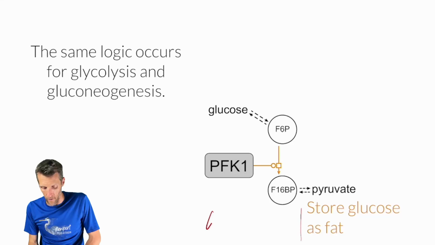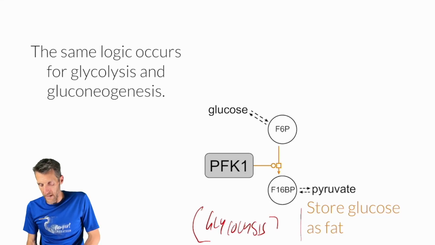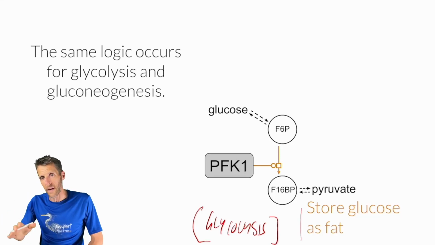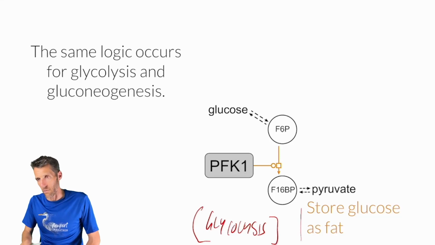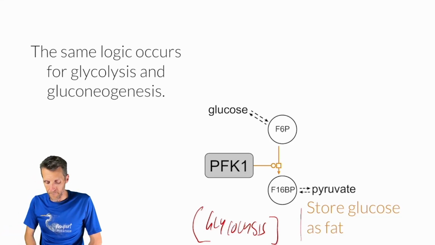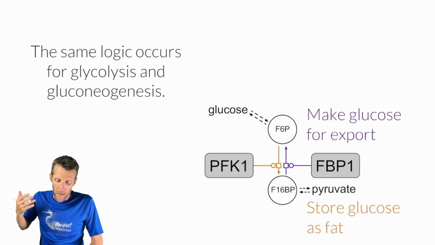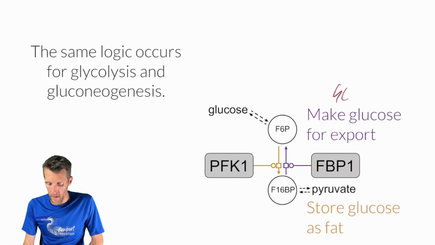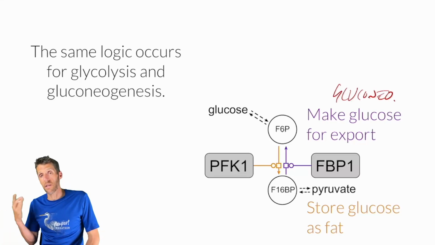This is glycolysis. In future videos, we'll dig into the downstream stuff of glycolysis, but for now, you've got a lot of energy around, you're burning it, you're storing glucose as fat. You're converting glucose into fat. In contrast, if you're running gluconeogenesis, you're making glucose specifically to export.